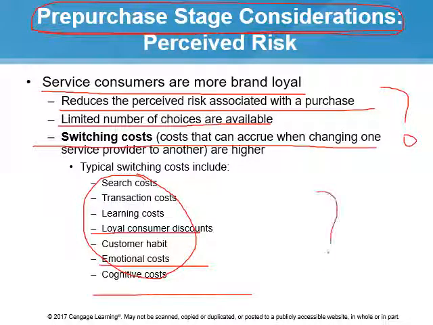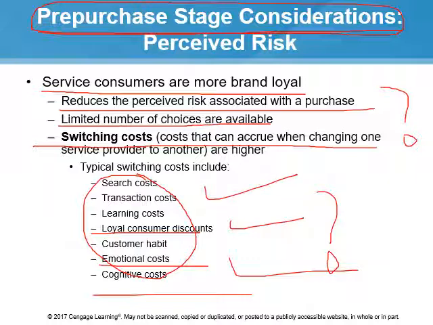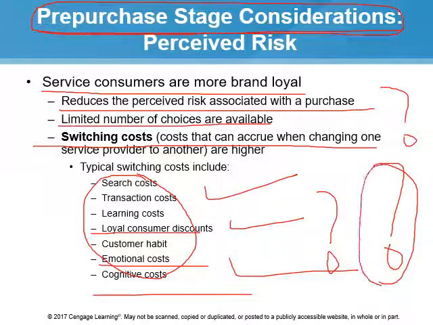All of these costs contribute a lot towards the consumer's lack of switching to different brands. And that is one reason that consumers are more brand loyal towards services. So how can marketers use these factors to make their customers more brand loyal? That is going to be our next question.